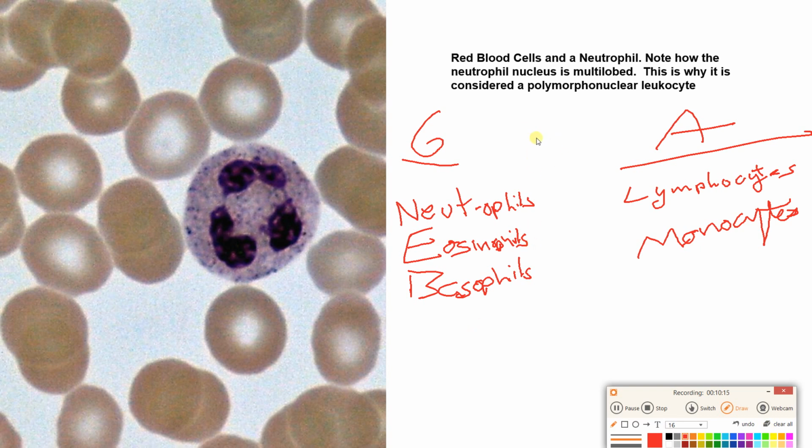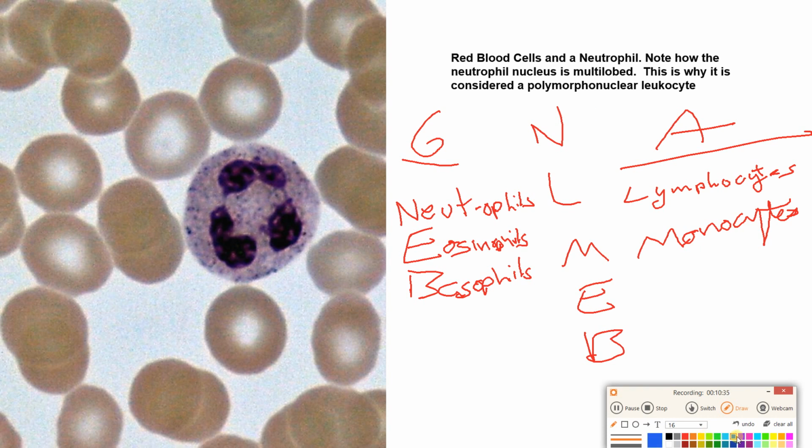By the way, a good mnemonic device is never let monkeys eat bananas. That never let monkeys eat bananas tells me the order of abundance of these white blood cells in my blood. So in my blood, I'll have mostly neutrophils.